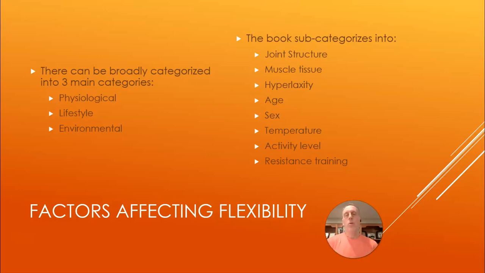If we subcategorize these, you look at joint structure, how different people are made differently, muscle tissue, and different people are made differently in that regard as well, hyperlaxity, age, sex, temperature, both the ambient temperature of the air, but also internal body temperature and muscle temperature as well, the level of activity of the person.